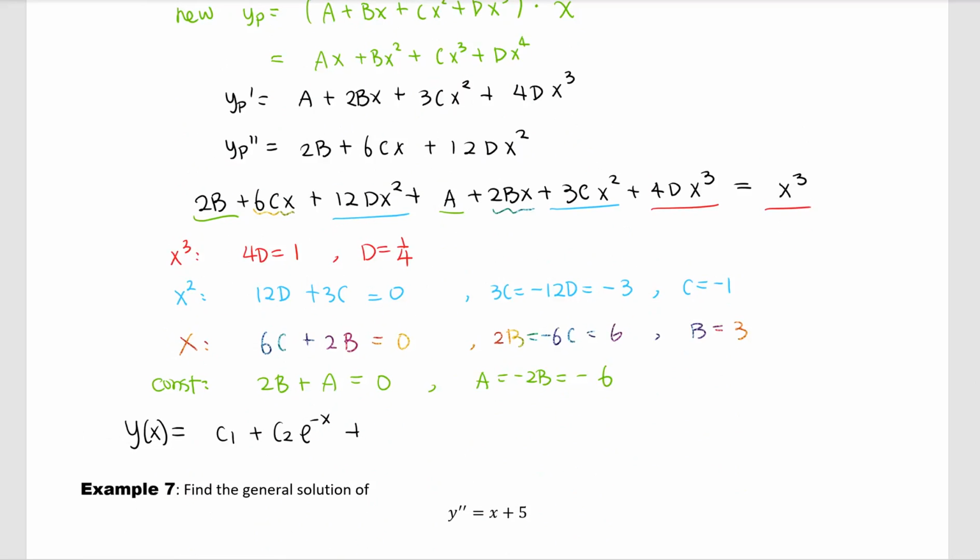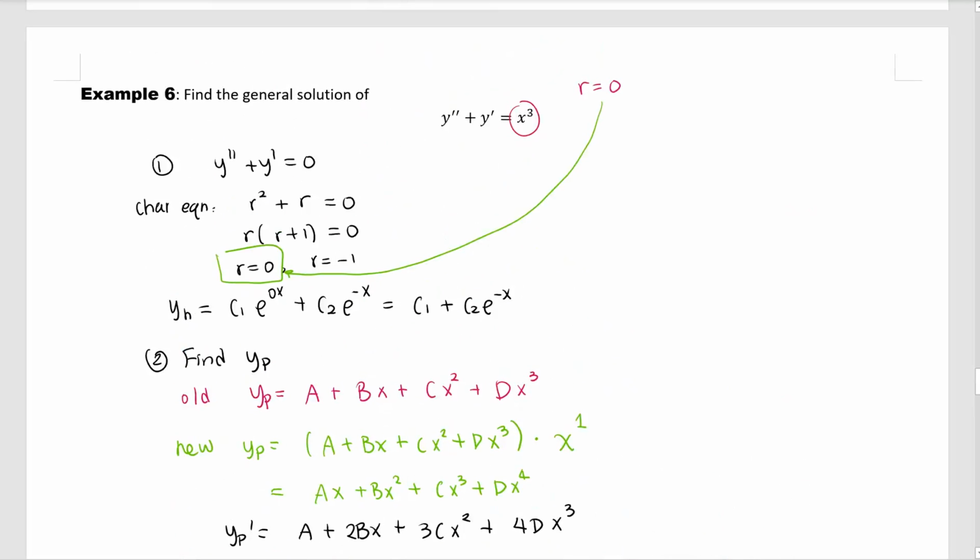Our particular solution: a is negative 6, so negative 6x plus b is 3x squared, plus c x squared, so it's minus x cubed, plus d x to the 1/4. Okay, so this is our general solution of this problem. So far, so good, everybody?